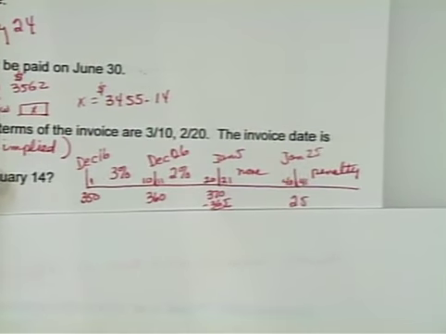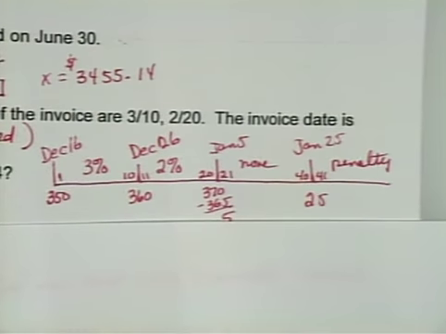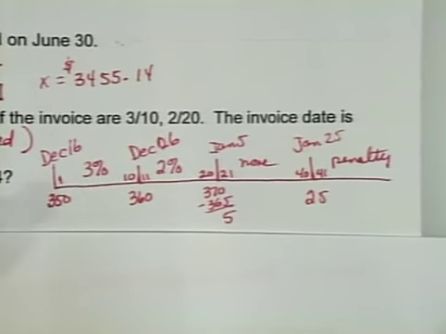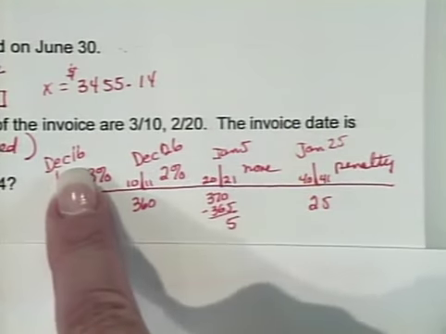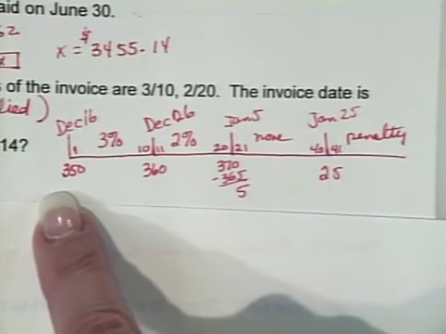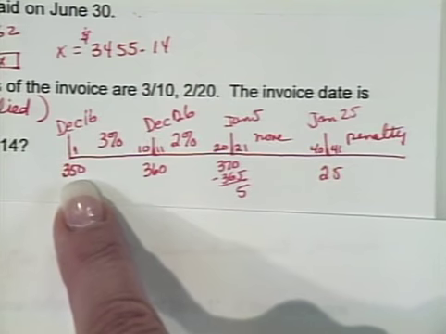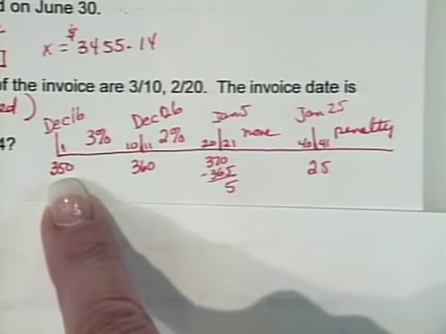I'm going to try to zoom in on this one. I set up my number line, and it looks like this. December 16th is when I received my invoice. I look at my chart, and what is the day of December 16? And does everyone find 350 on there? Okay.